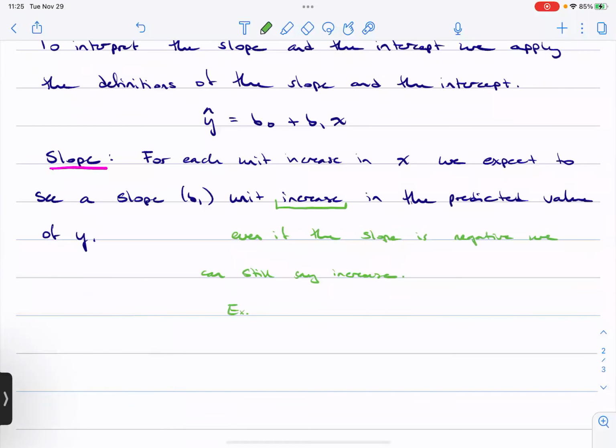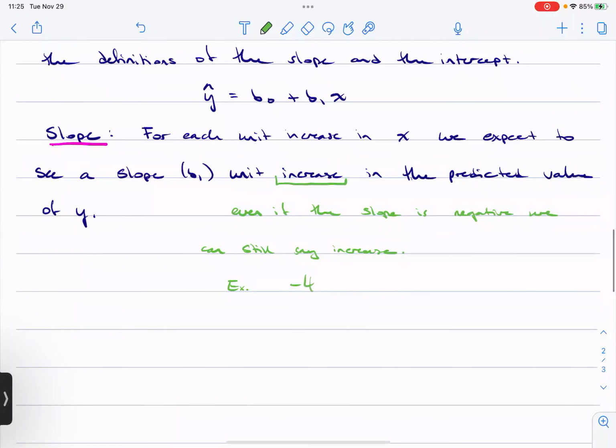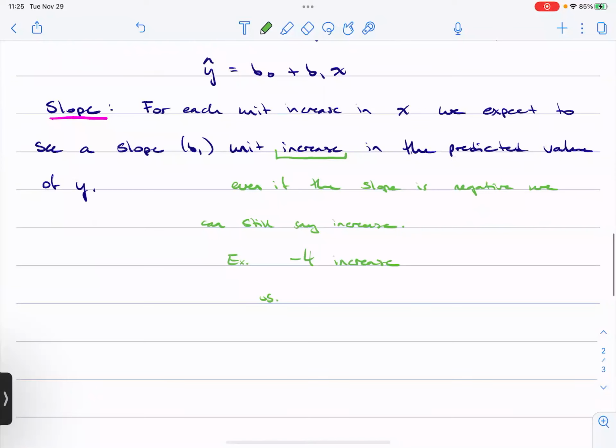Right, so for example, if I have a -4 increase versus a 4 decrease, which means you have to drop the negative.